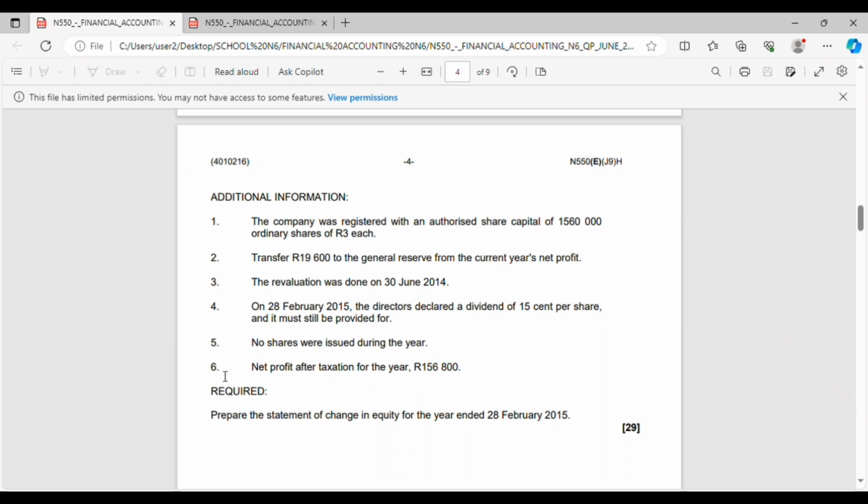So the formula to determine the net profit after tax is: you take the profit before tax, you less the income tax to get the profit after taxation. I'm not sure if you understand me, but if you don't, I will leave the formula in the comment section so that you can all get it.